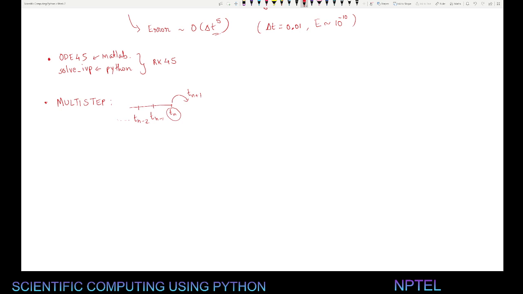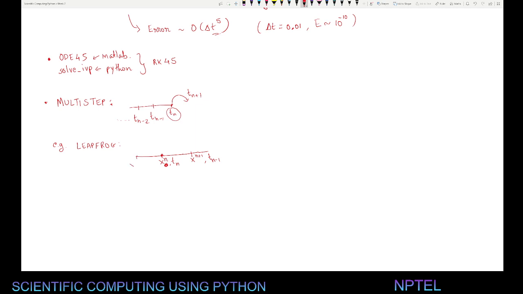So, all the methods that we have seen so far don't follow this, right? So it's a single step. For this, one example is leapfrog. Okay, if you are at xn, tn, and you want to jump to xn plus 1, tn plus 1, then normally what you do is add something to this point, right?